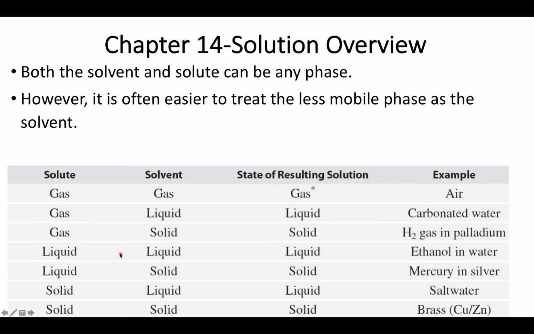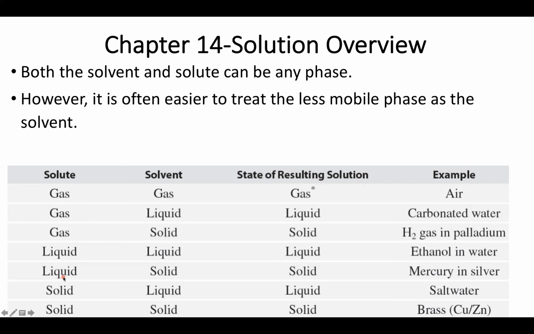On the converse side, we could imagine putting a liquid inside of a solid. This is a little bit more rare, but you can think about, say, adding water to cloth, where the general solvent phase is going to be the cotton, and the liquid is going to be moving through and around the cotton. So that's a good way, in addition to majority-minority components, to try and look at solvent and solutes.